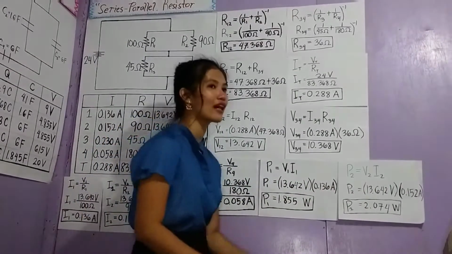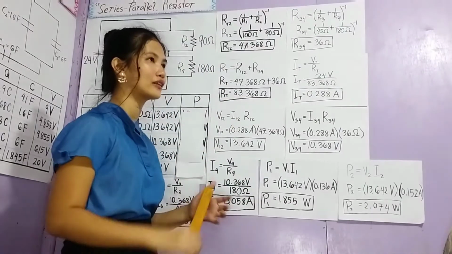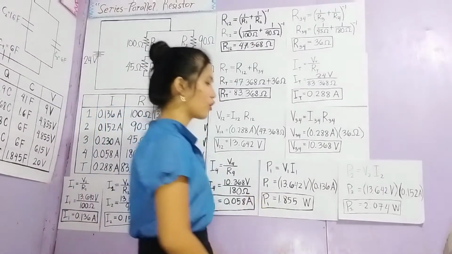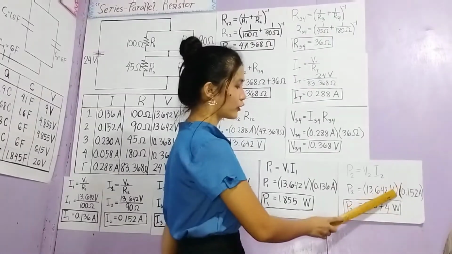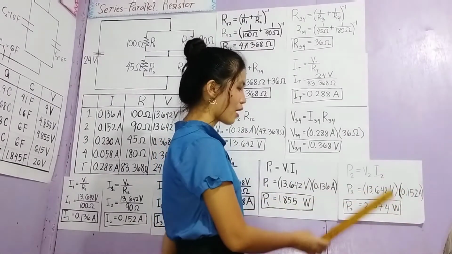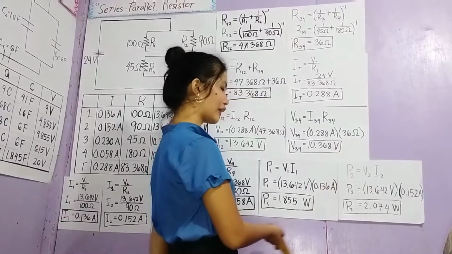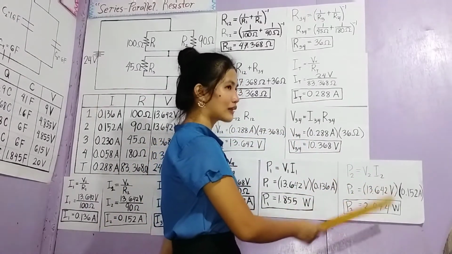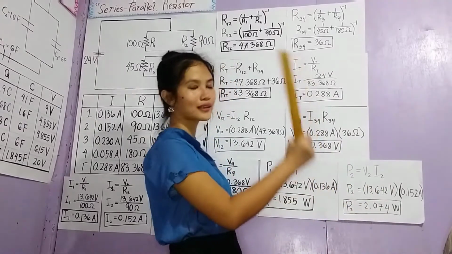Since they have the same formula and the same steps, for P2 we multiply 13.642 volts times 0.152 amps. Using the calculator, we get an answer of 2.074 watts.